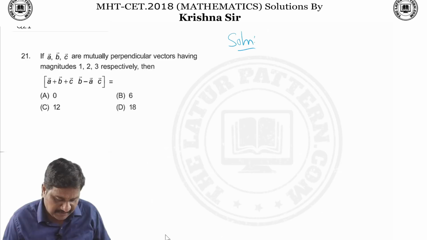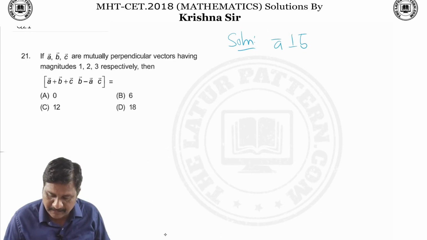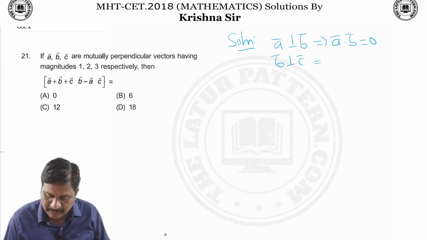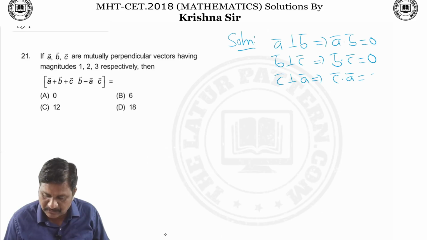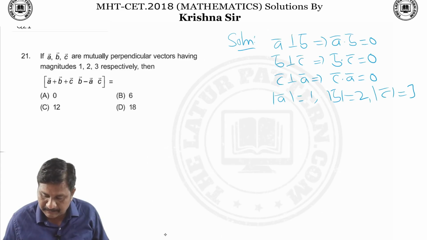Then A bar perpendicular to B bar, so A dot B is equal to 0, B bar perpendicular to C bar, so B dot C is equal to 0, C bar perpendicular to A bar, so C dot A is equal to 0, and also given magnitude of A bar is 1, B bar is 2, C bar is 3.